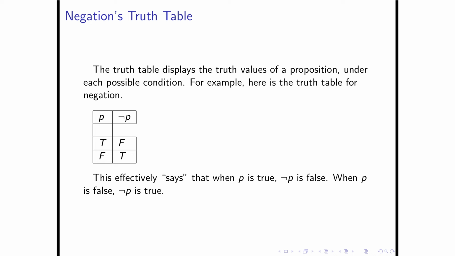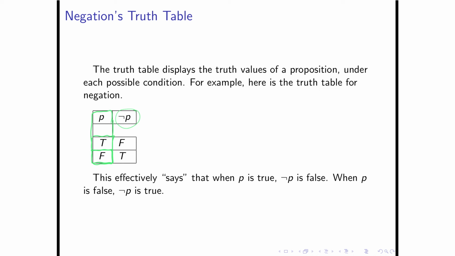We start to appreciate what a truth table is doing when we see the truth table for negation P. So this is the truth table for negation P. We always start off writing the propositional variable and listing its possible values, which are true or false.